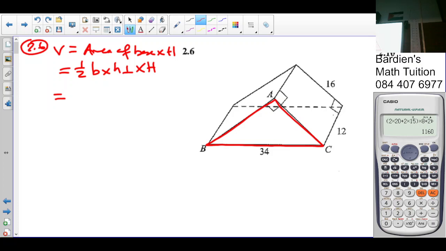Okay. So there's your 90. So this can be your base, which measures 16, and there's going to be your height, which is unknown. So I'm going to calculate that. What's your hypotenuse here? So it's going to be 34 squared is equal to 16 squared plus AB squared.